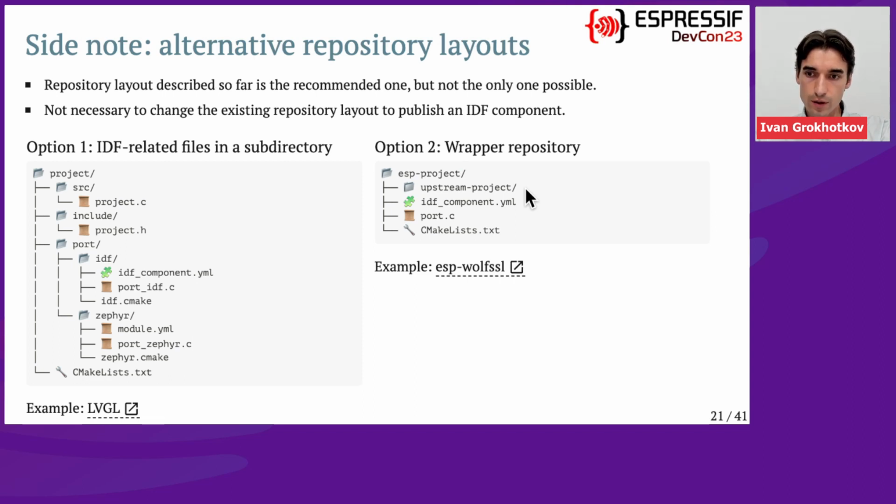So we have an upstream repository that is not modified for IDF support, and then there is a wrapper repository where we actually add the CMakeLists file, idf_component.yml file, and if necessary, some port-specific source files. When the upstream project makes a new release, you update the submodule commit in the wrapper repository, increase the version in the idf_component.yml file, and make a release as well.